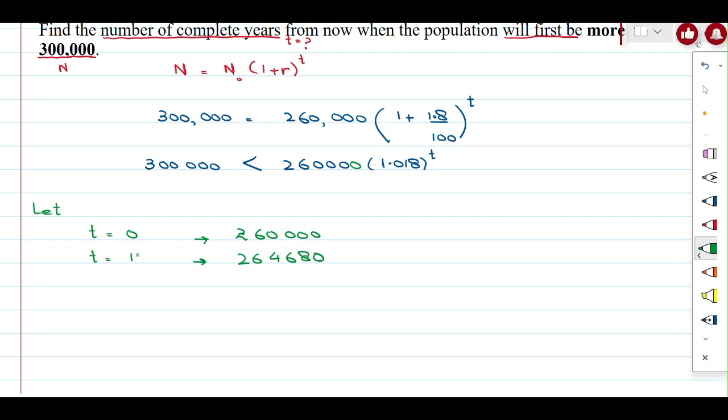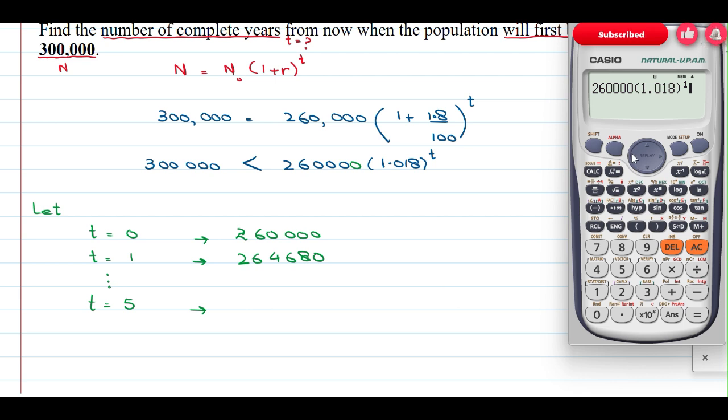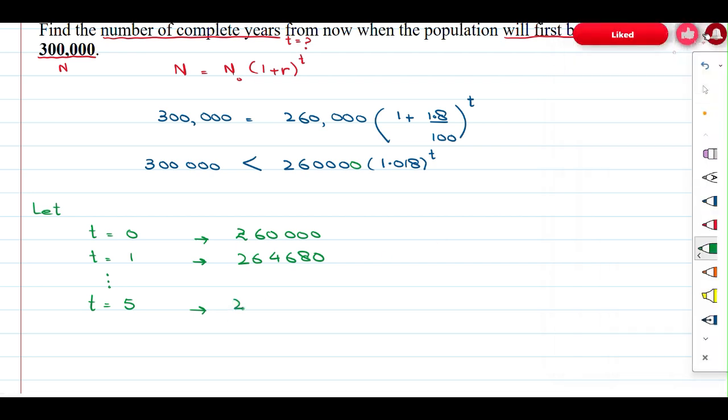Okay, no, it's not. This should be less, right? So this whole thing should be more than 300,000. Okay, so let me check at t equals 5. What is its value? At 5, it's 284,257.